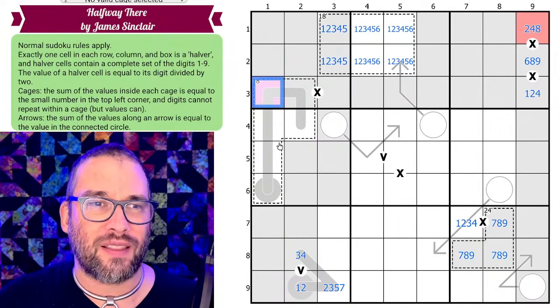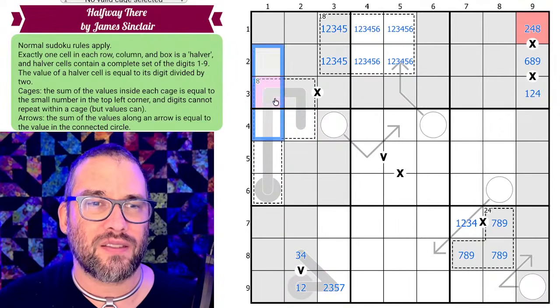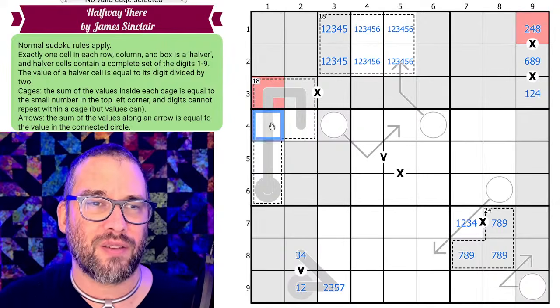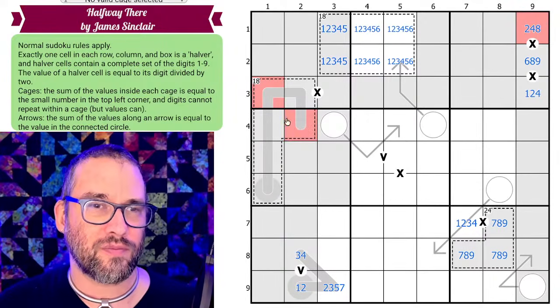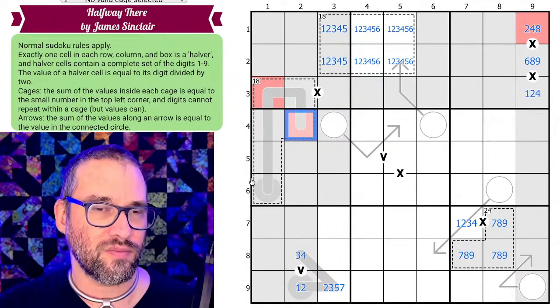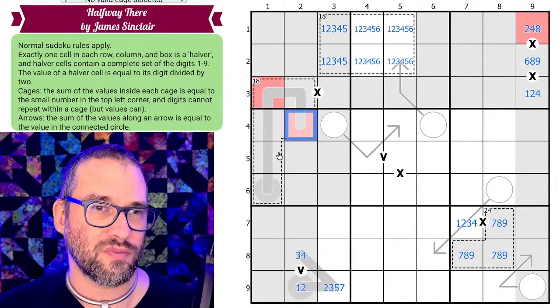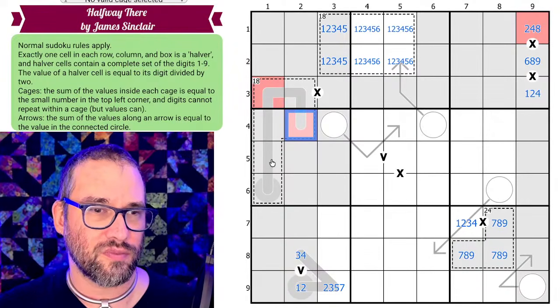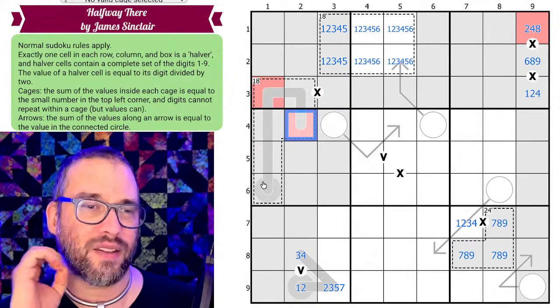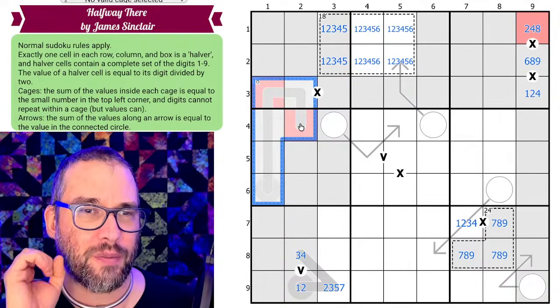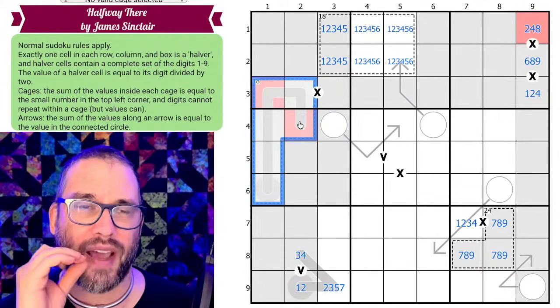So that, whoops, that's not the color I wanted for halvers. That's a halver, so that's a halver. Yeah, at some point we're going to have to do some math to figure out what's actually in this cage.